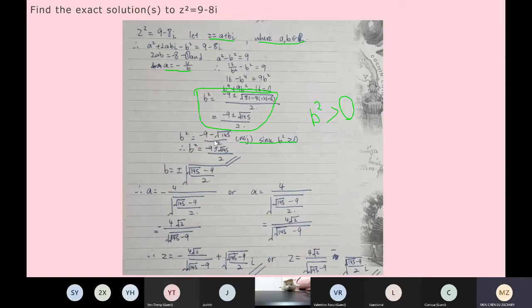For this equation, it's easy for you to figure out which one is the negative one because it's minus 9 minus this, and both of them are real numbers. So for b squared, minus 9 minus square root of 145 is definitely negative. So your final answer for b squared will be minus 9 plus root 145 over 2.